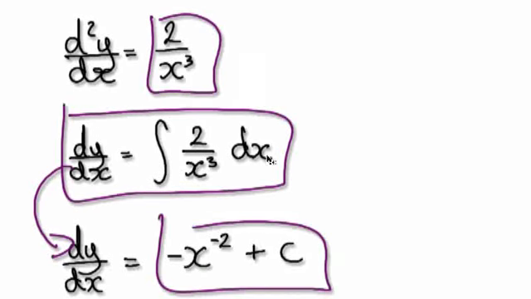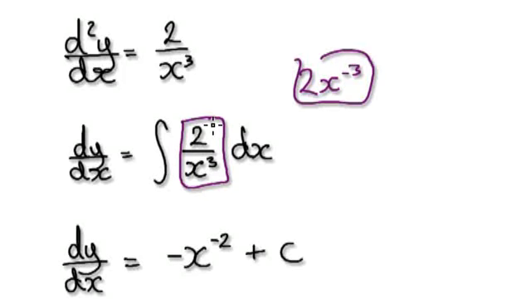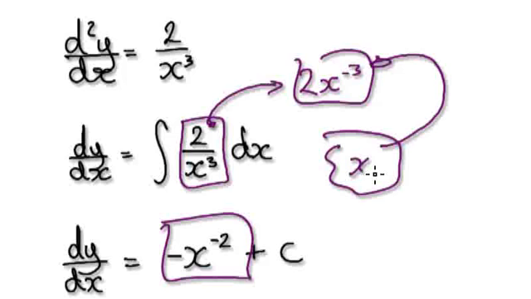That will give you this. When you get to here, visualize this in your mind: 2 to the power of minus 3. That's what you've got at the moment. To integrate, you need to find something that when you differentiate it, it will give you this, and it turns out to be this. So make your guess to be x to the power minus a half.